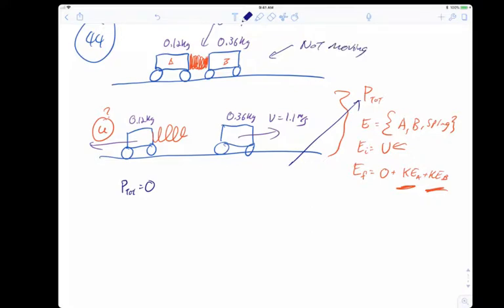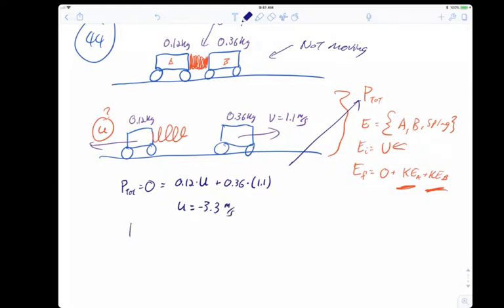That means 0.12 times U plus 0.36 times V, which is 1.1, equals 0. So U has to equal 1.1 times 0.36 divided by 0.12, which is 3.3 meters per second.